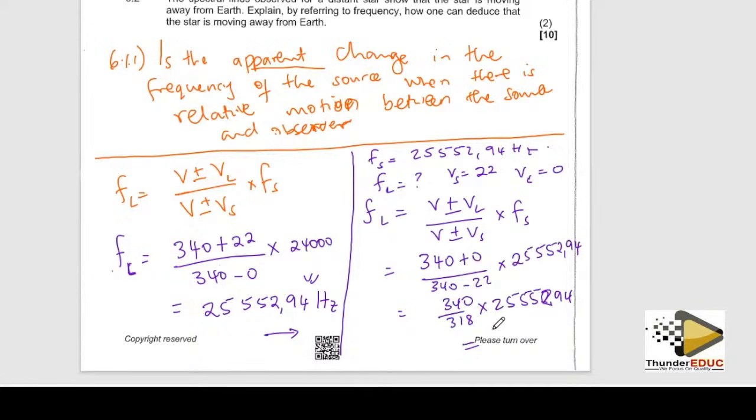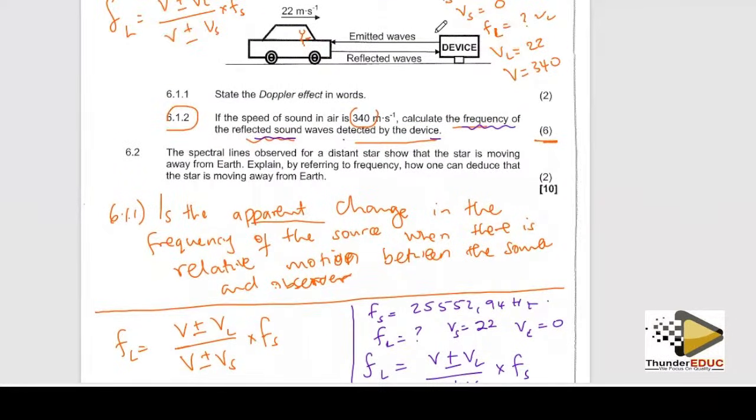So I'm having 2732.075 hertz. Okay, so this becomes the frequency that the machine detects, because there's a bouncing, which means there is a trip of 2. There's going, and then there's coming back.